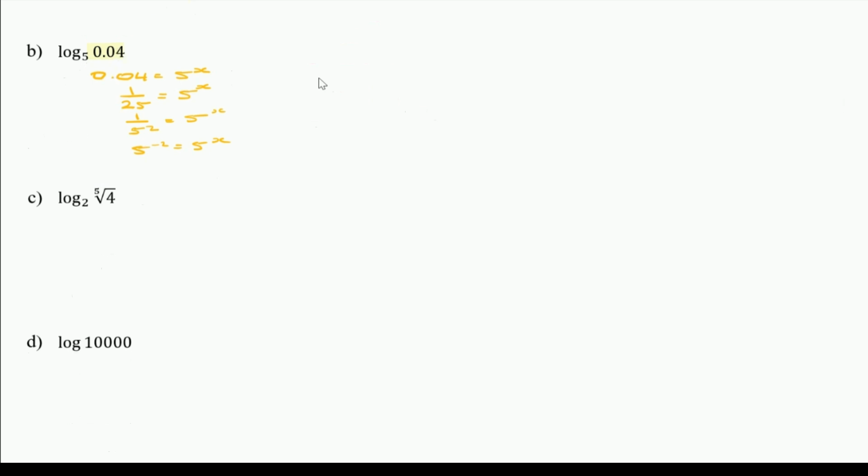Putting this back in, log base 5 of 5 to the power of minus 2 is equal to, remembering the rule we established earlier, these two can now cancel each other out. And this is just equal to minus 2. So my answer of log base 5 of 0.04 is just equal to minus 2.